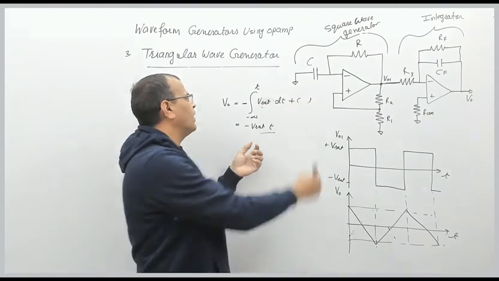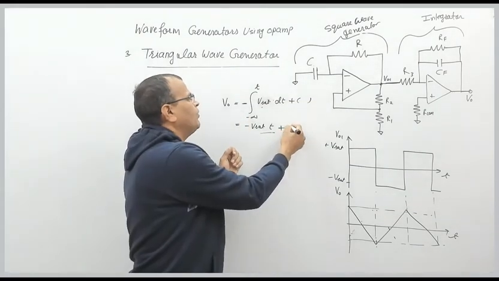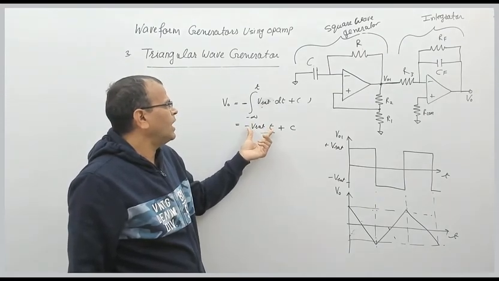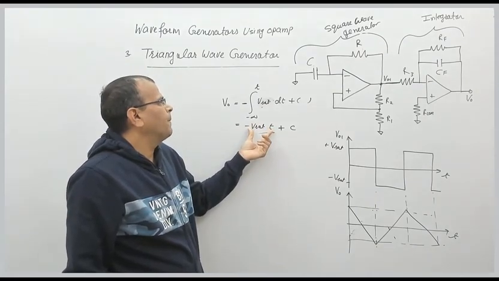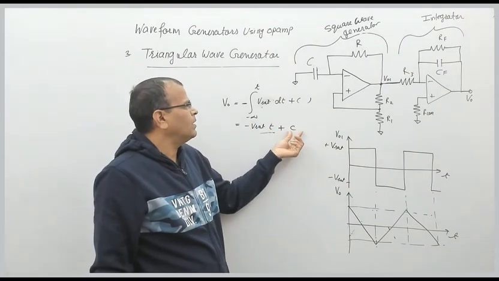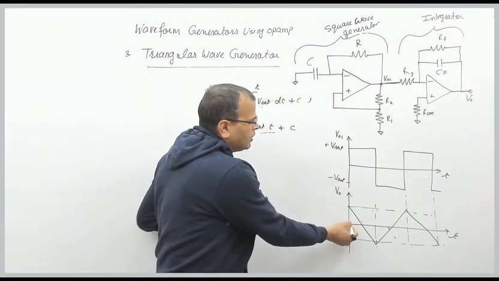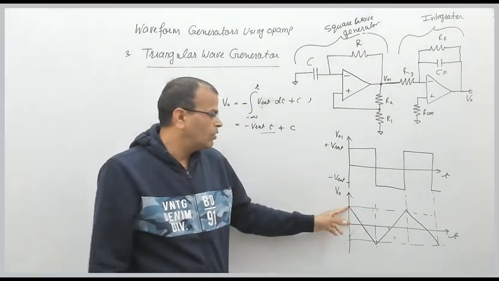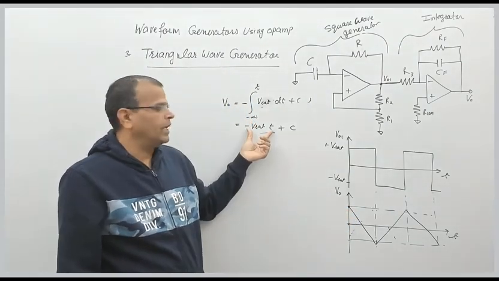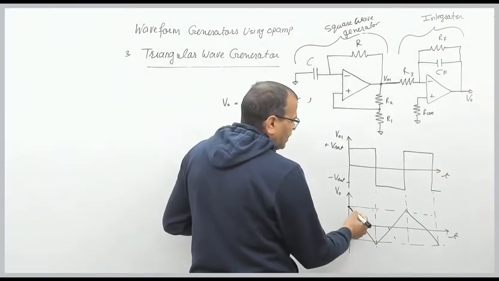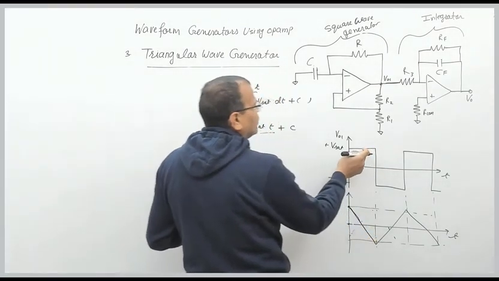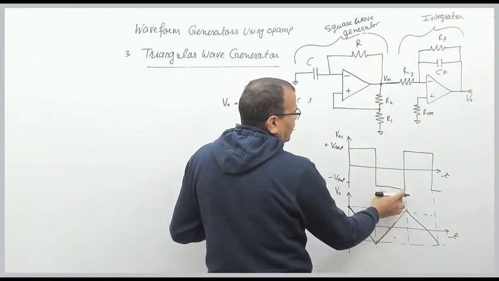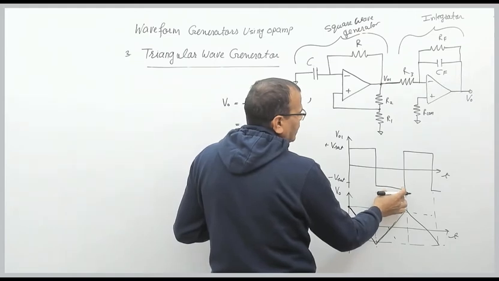There will be some constant of integration, so it is not starting from the origin, it is starting from some constant value, and it has a negative slope. That is why it has a negative slope when this voltage is positive, and a positive slope when the output of the square wave is negative.